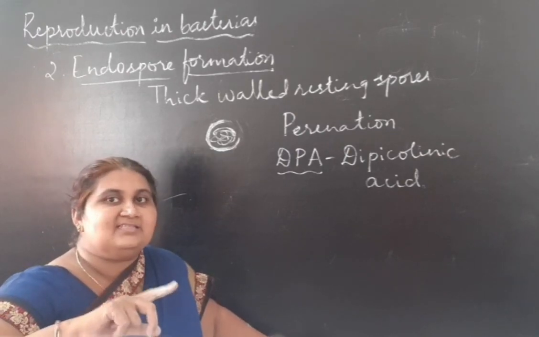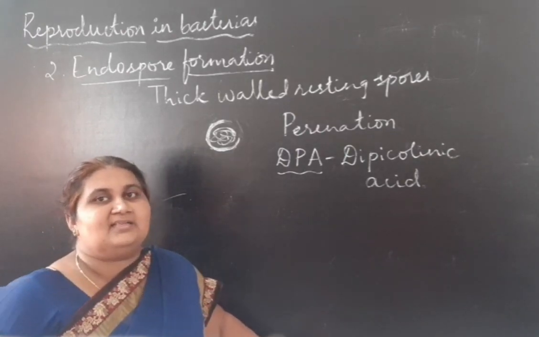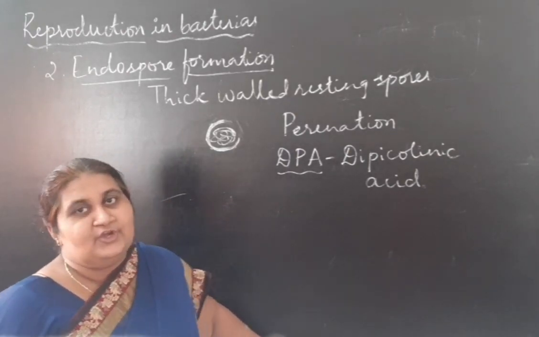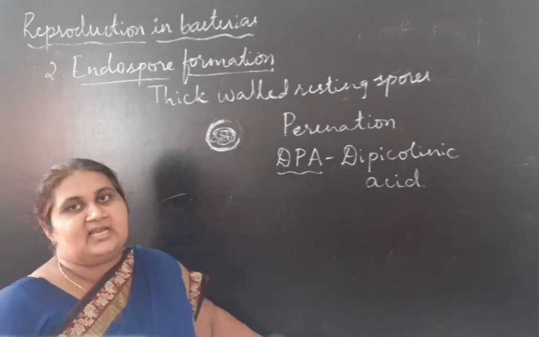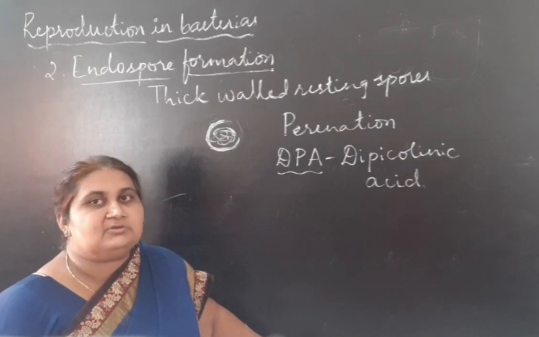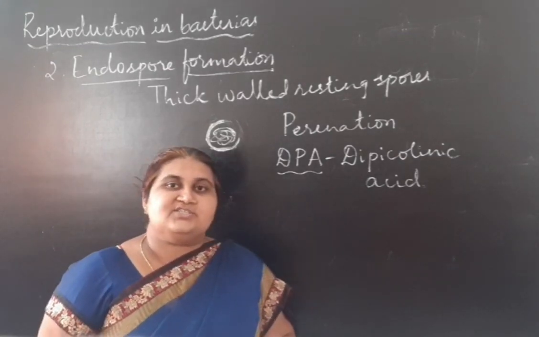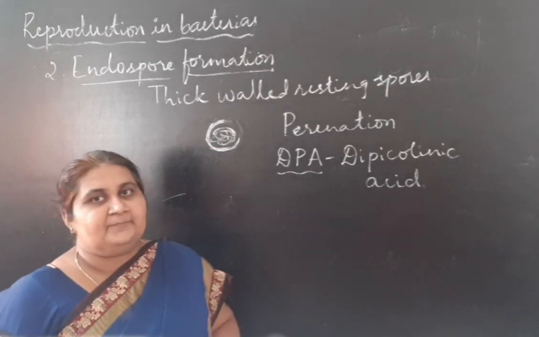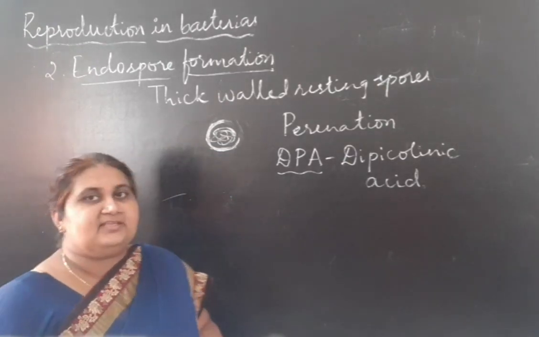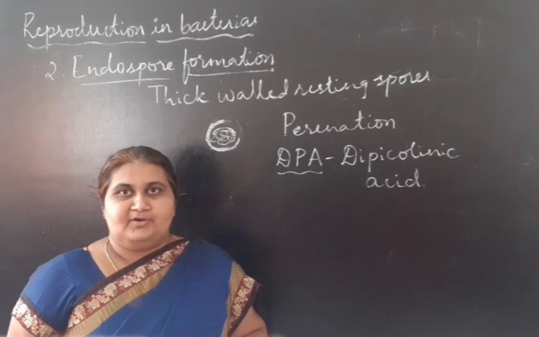From one bacterial cell only, a new bacterial cell is produced. So endospore formation is also considered a method of asexual reproduction. Though it is formed during unfavorable conditions, it is considered a means of asexual reproduction.